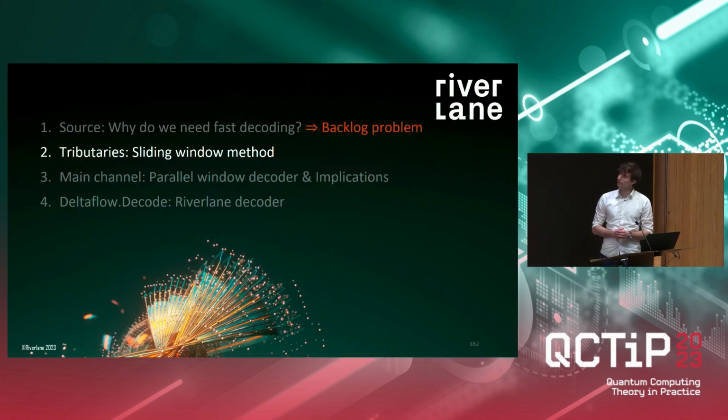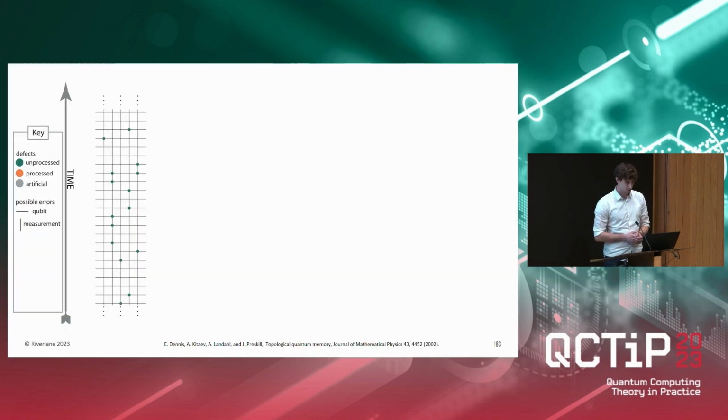So we see that we really need fast decoders, and we really need decoders that can resolve very big codes. So I'm going to now discuss the sliding window method, which is the current proposal for how to do this real-time decoding.